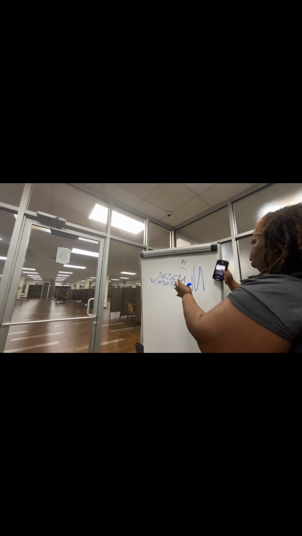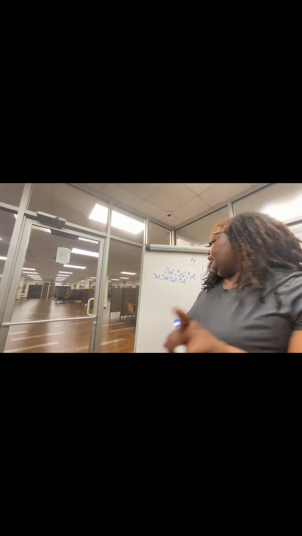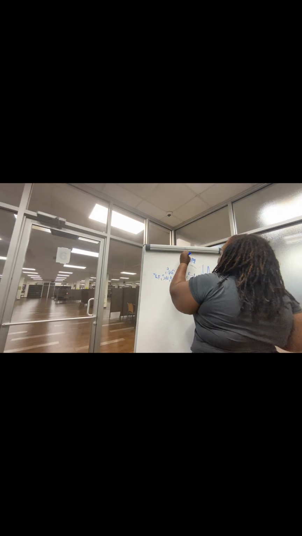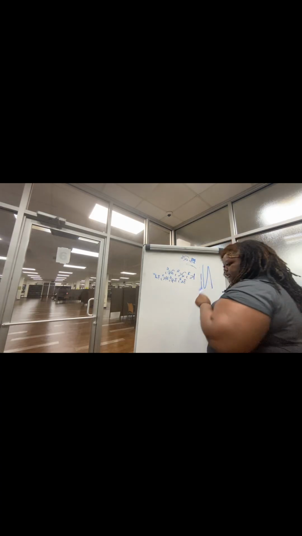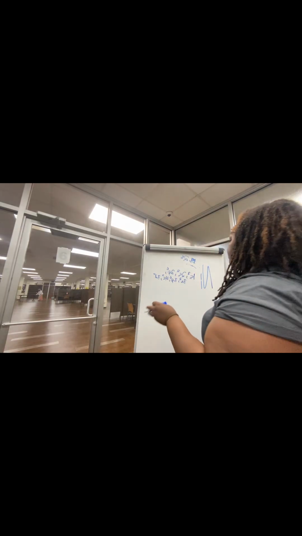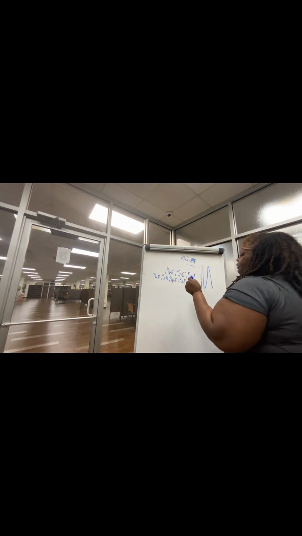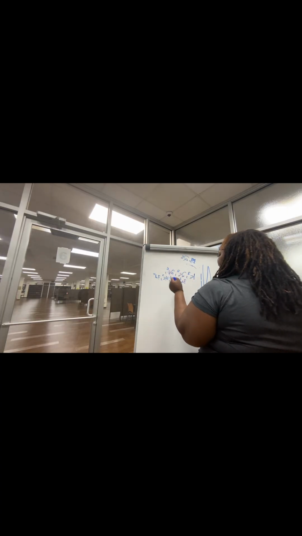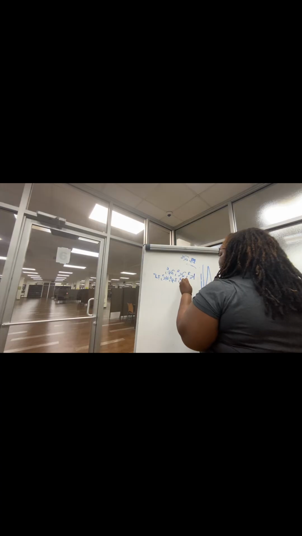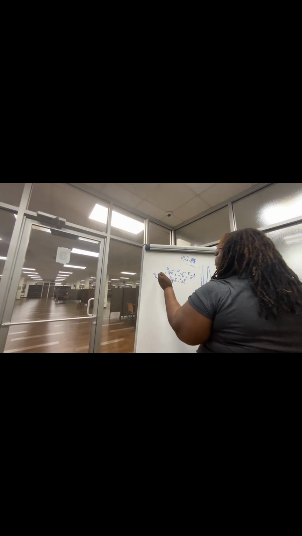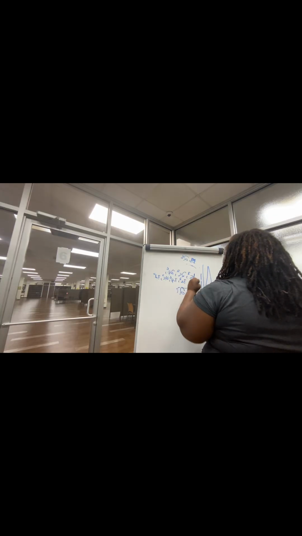Whoa, hold on. I was wrong. It was supposed to add up to 28. The atomic number for nickel is 28. To see if you got it right, you just add the numbers up. So 4, 10, 16, 18, 20, 28. They match. And that's the electron configuration for nickel.